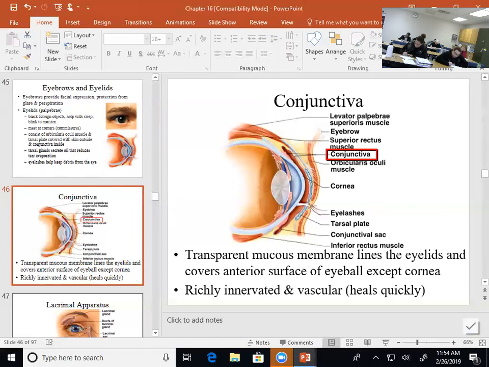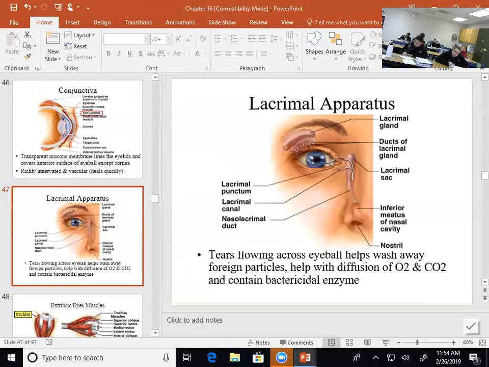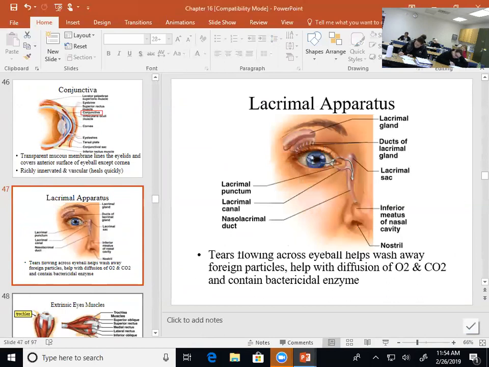Now, you might not know where the cornea is yet, but let me show you from here. All the way up to where the iris, the colored part of the eye is, the entire whites of the eyes, right? So this is a membranous layer covering those inner lids and the sclera, which is the white of the eye. The sclera is the white of the eye.